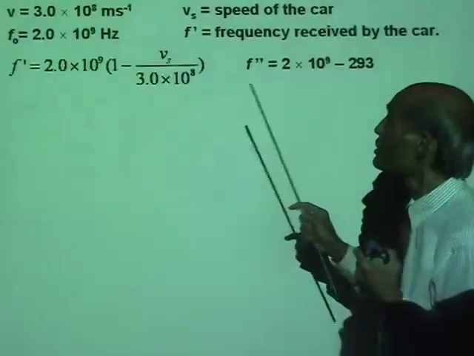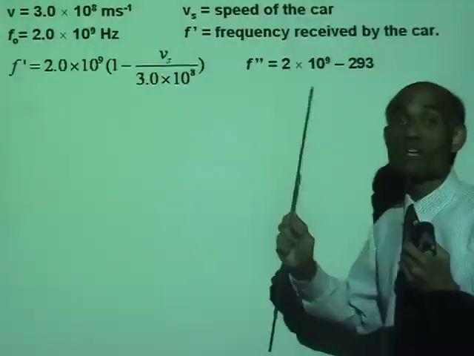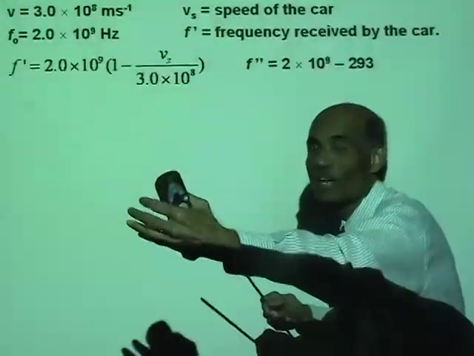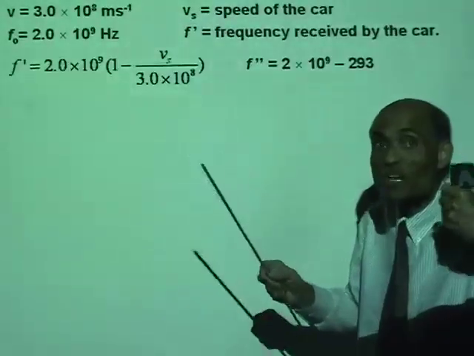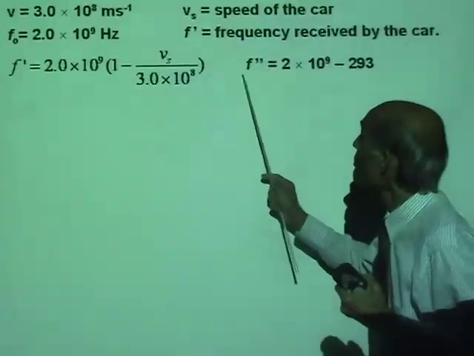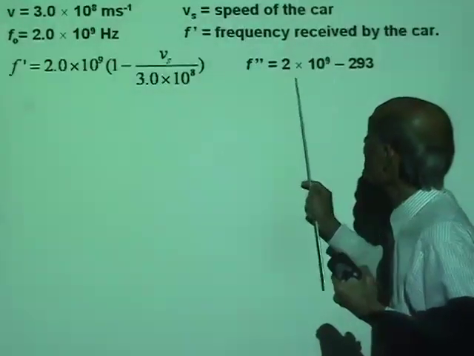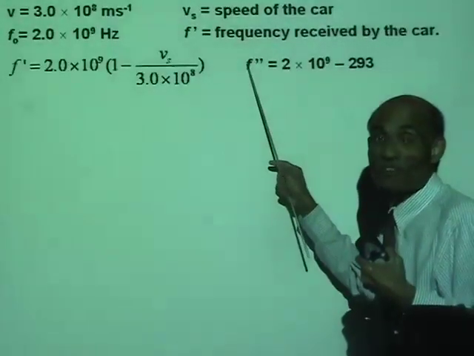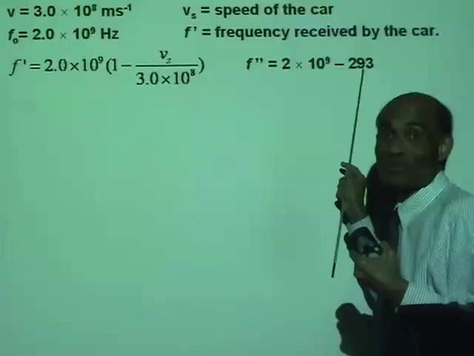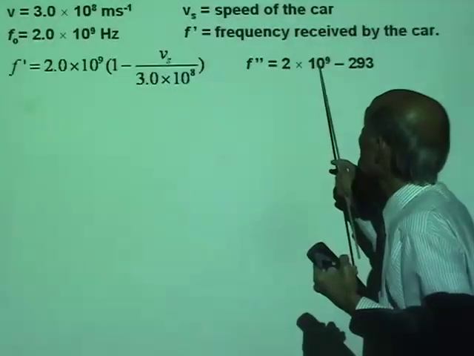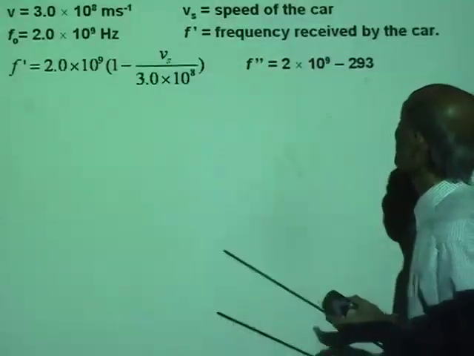And in the problem, it says the difference between the actual frequency sent out and the frequency received is 293. That means F double prime equals 2 times 10 to the 9 minus 293.